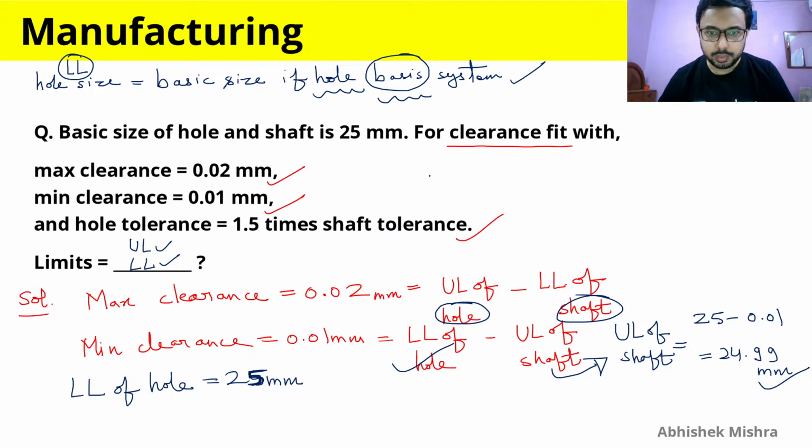And now in the question it is given that hole tolerance is equal to 1.5 times shaft tolerance.